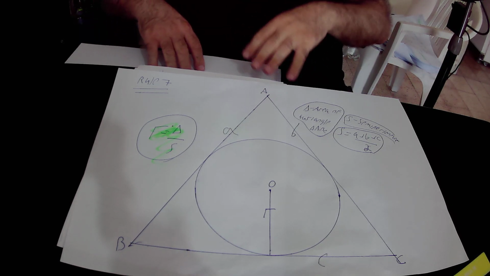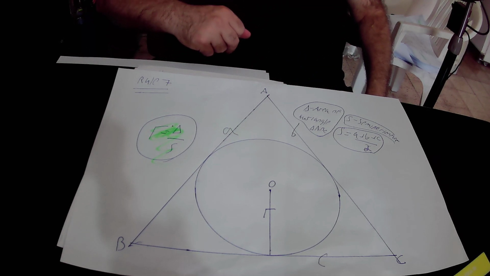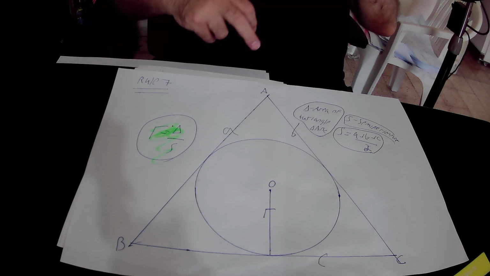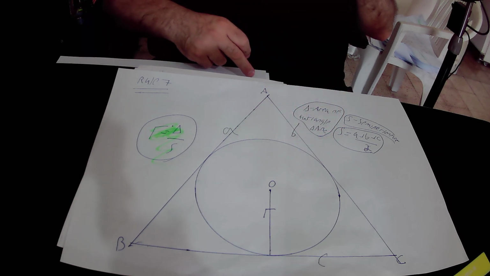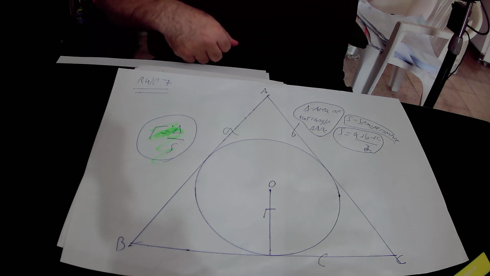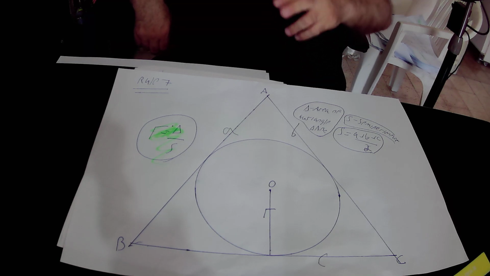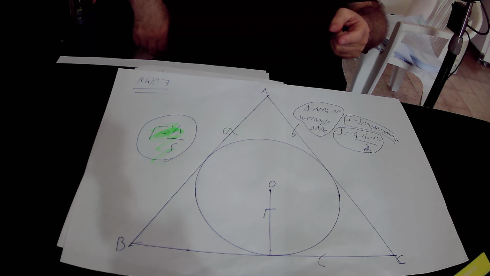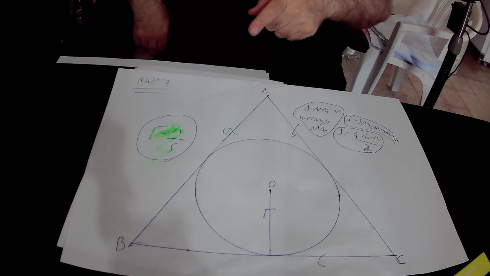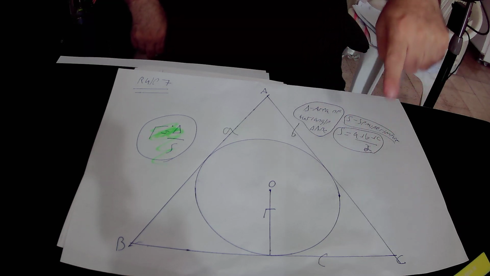According to the new formula, the radius of this circle is equal to the area of triangle ABC over the semi-perimeter of triangle ABC. What is the semi-perimeter of triangle ABC? It is equal to the perimeter over 2. That is to say, it is equal to the sum of the lengths of the sides, that is A plus B plus C over 2.